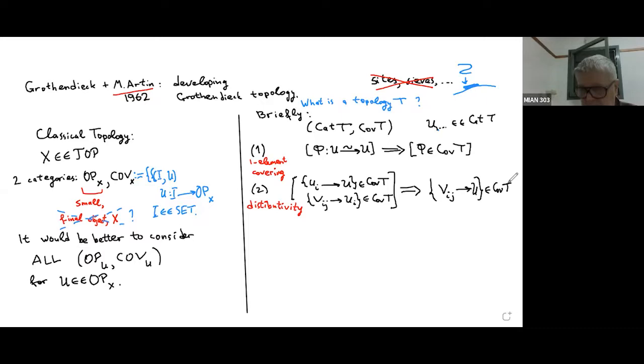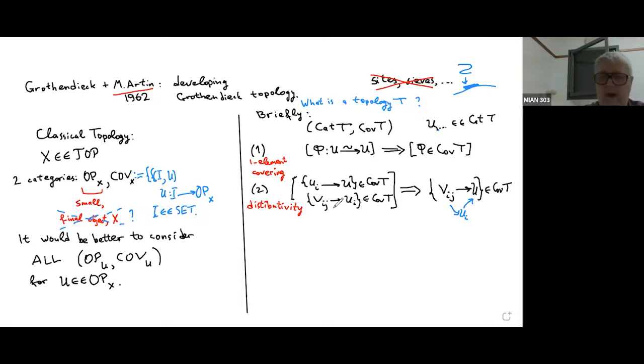In a while, I'll explain why this is distributivity. Of course, these are compositions, and I omit, among other things, all the quantifiers, meaning that all these i's and j's are arbitrary.